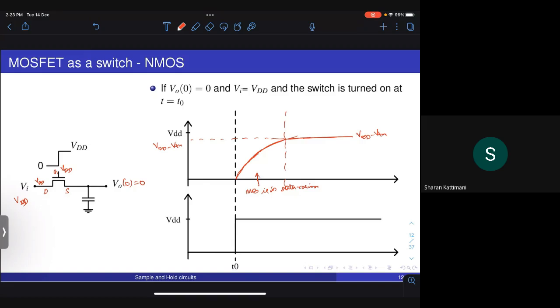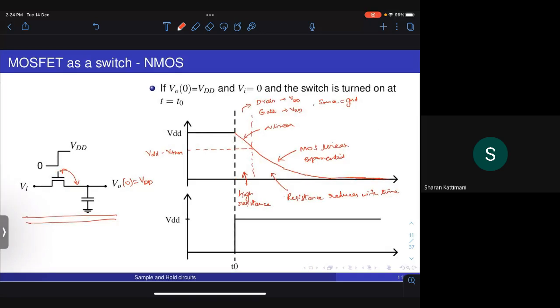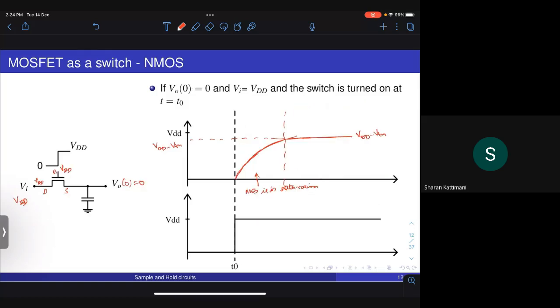It never reaches VDD. You might have come across this many times: the NMOS doesn't pass a 1 well, it passes a 0 well. That is what we are seeing here, as we figure out in which regions the transistor operates as the output charges or discharges. Once you reach here, the MOS is off.